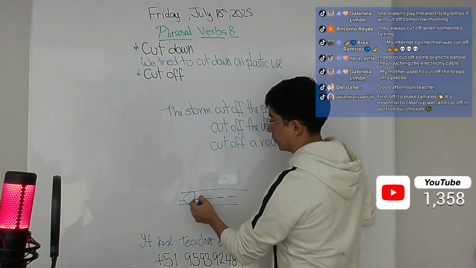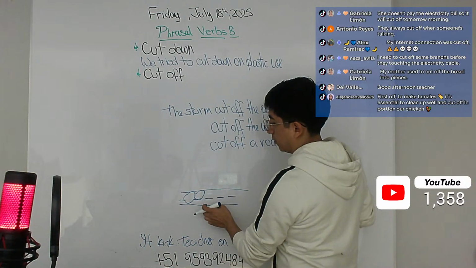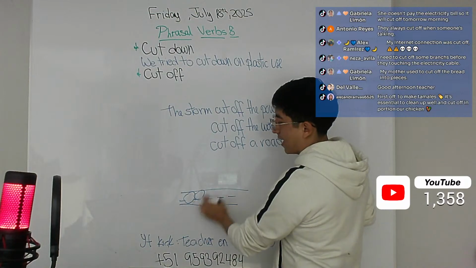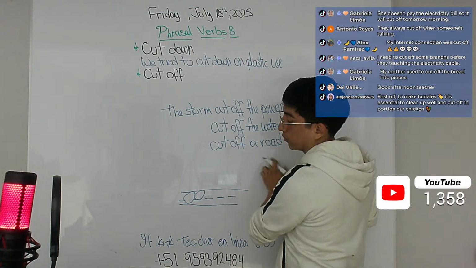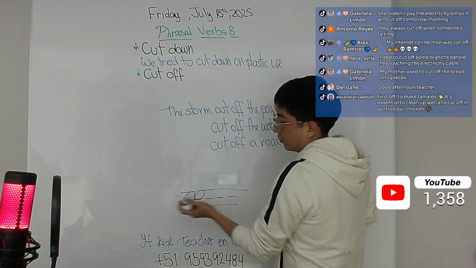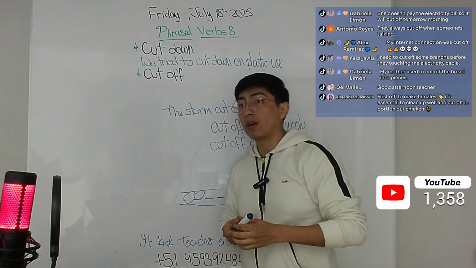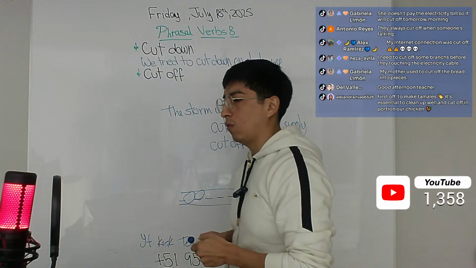We have two cars here blocking the access or blocking the traffic. So we can say the accident cut off the road. They cut off the road because we can't advance. It's like there is a temporary disconnection or interruption here.